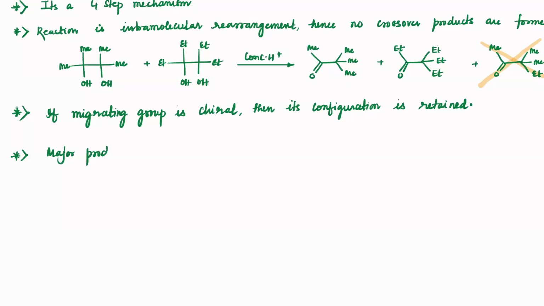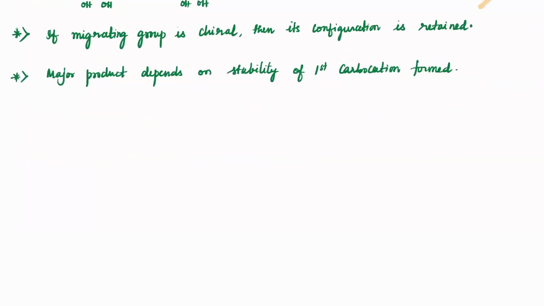Second, the major product depends on the stability of the first carbocation formed. So whichever is the more stable carbocation, on that side you will have the product form. For example, I'll show you this with an example.